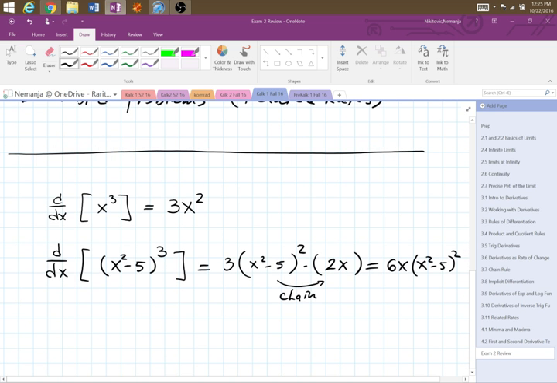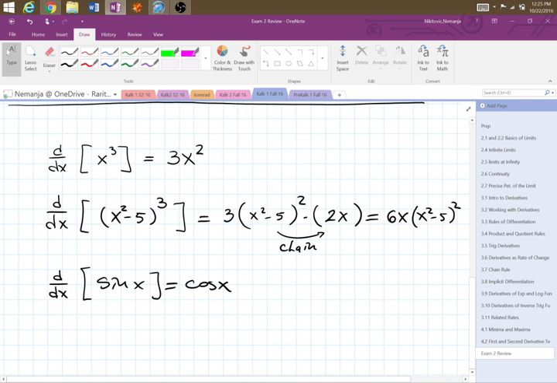Another example of chain rule would be a trig function, like the derivative of sine x, which is cosine x. This belongs in basic derivatives.